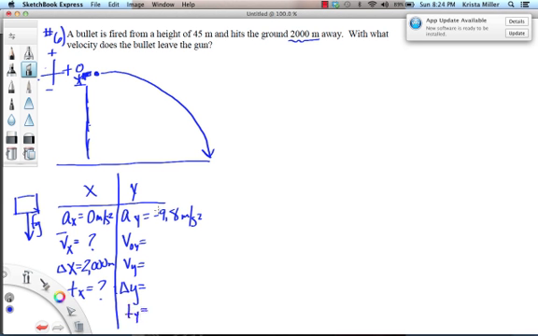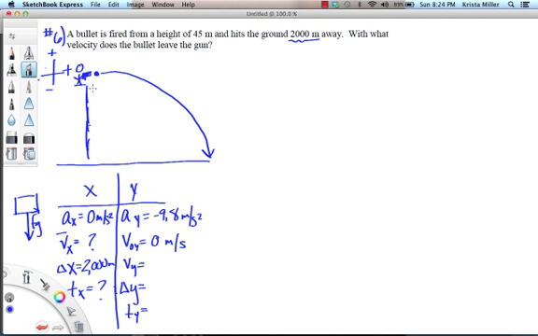Now, here's the piece that I want you to remember. In the y direction, when you're firing something horizontally or off a cliff, the initial velocity in the y direction needs to be 0.